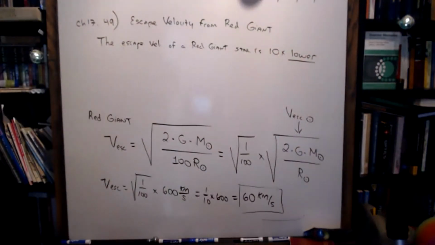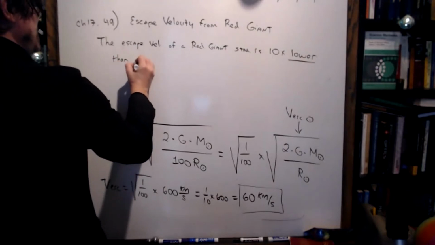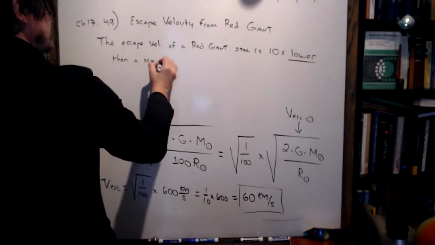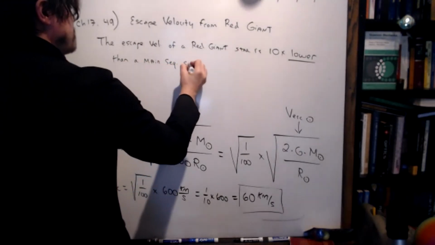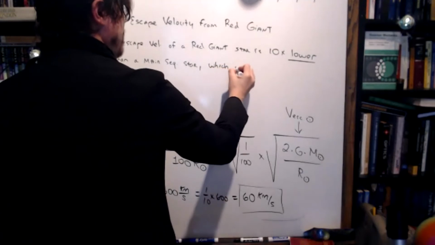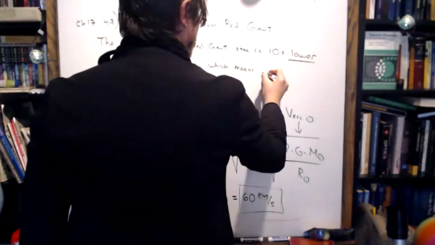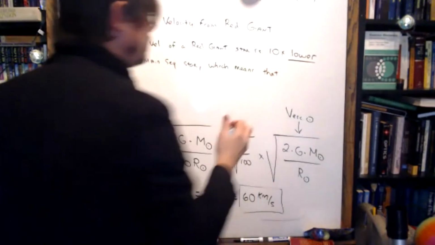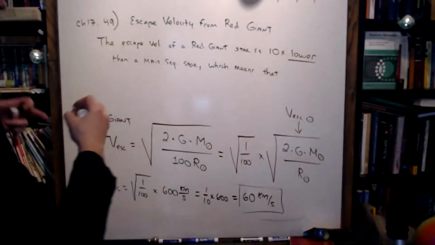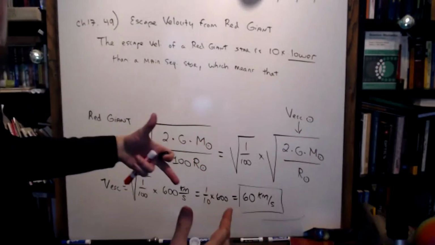The escape velocity of a red giant star is 10 times lower than a main sequence star, which means that gas and plasma can actually jump off the surface of the star.